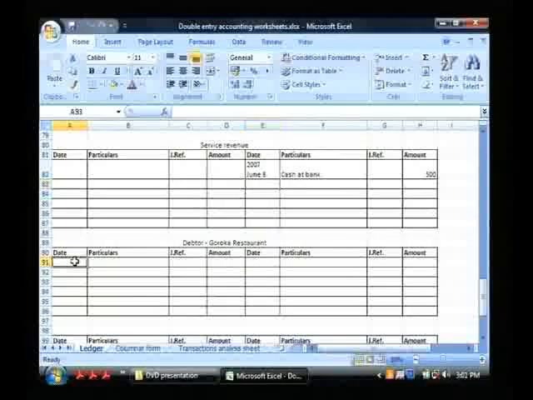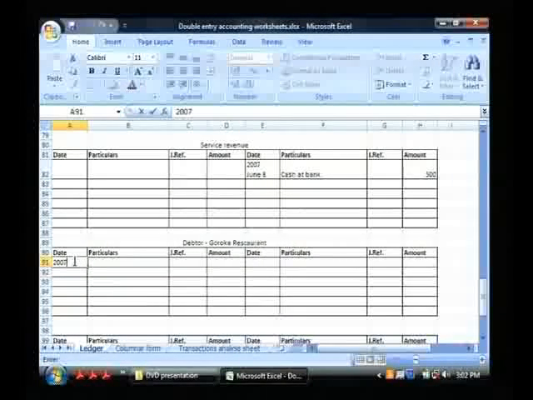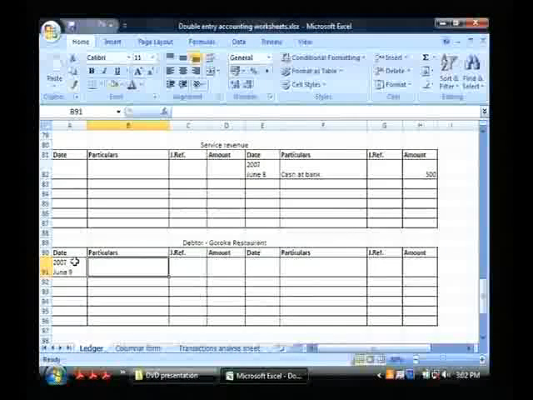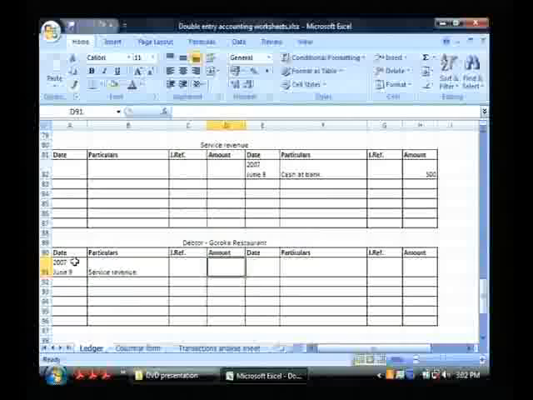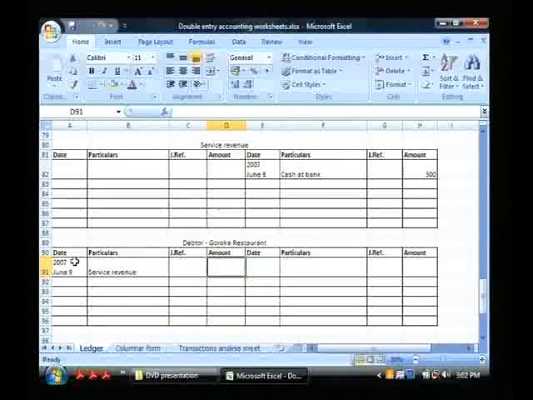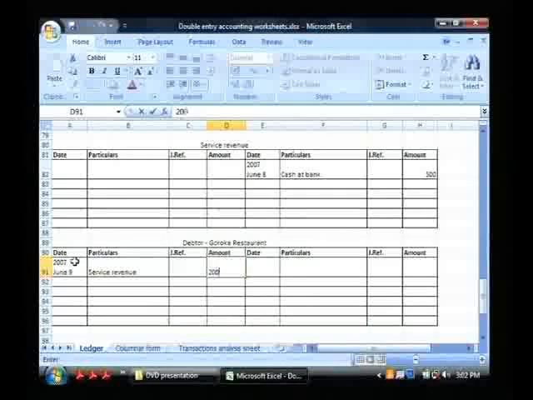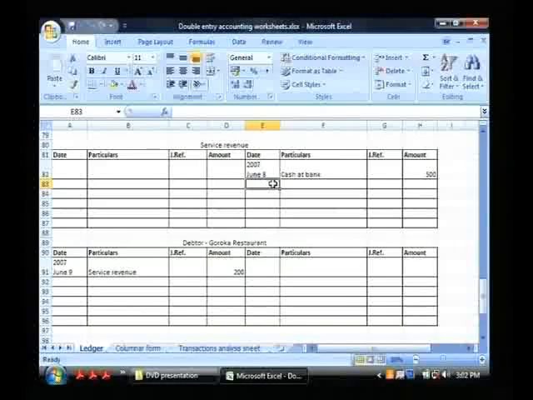Then the double entries are 2007 June 9th, service revenue 200, Guruka Restaurant debit, and service revenue credit.